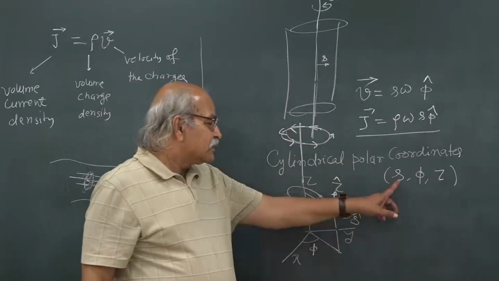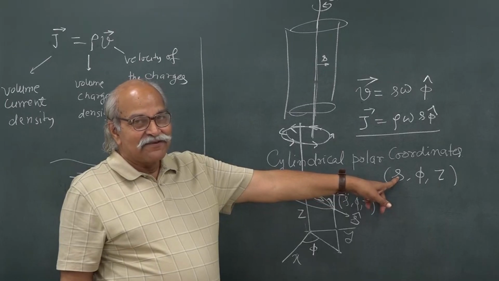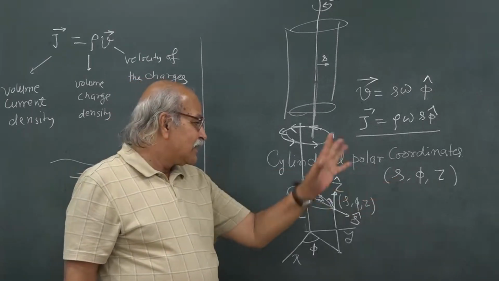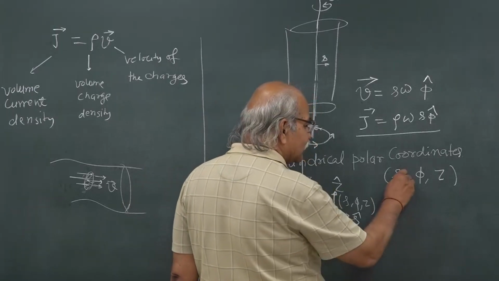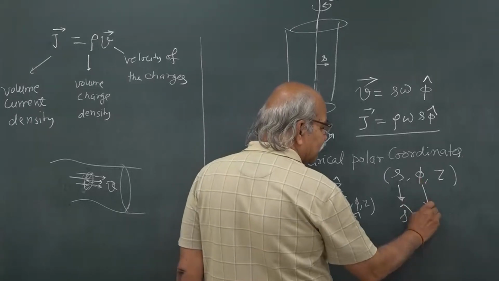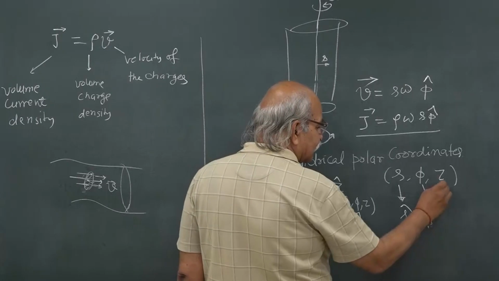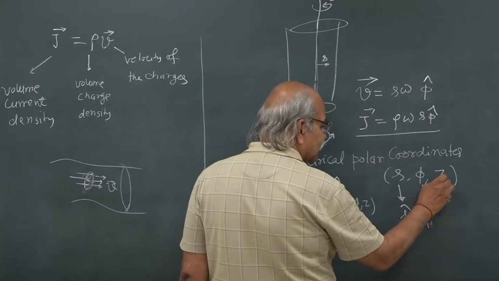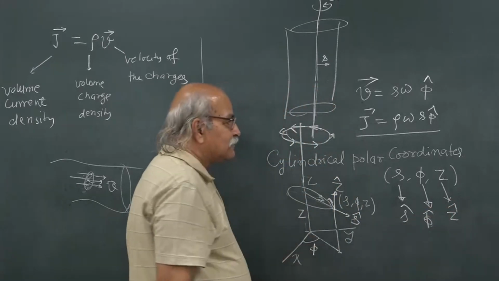I am using S, D. J. Griffiths also uses S, so I have taken it from there, and phi and Z I have already explained. So, corresponding to this S coordinate, we have a unit vector S cap, corresponding to phi we have a unit vector phi cap, and corresponding to Z, we have a unit vector Z cap.